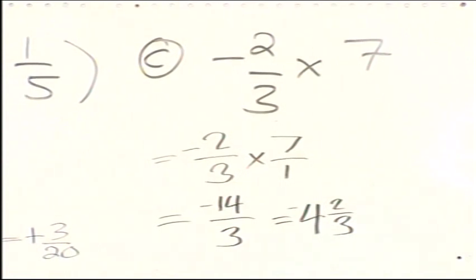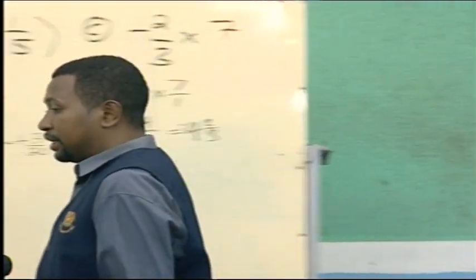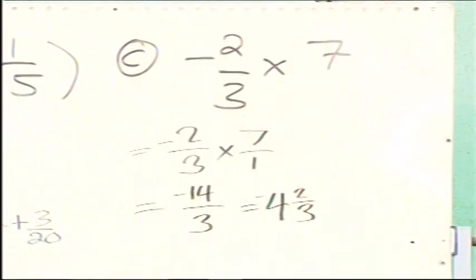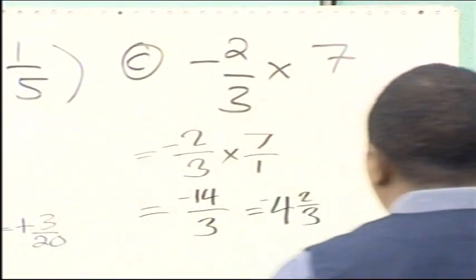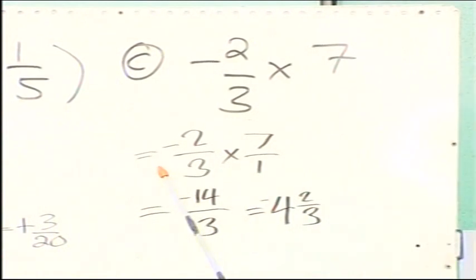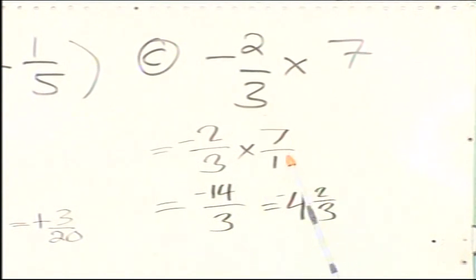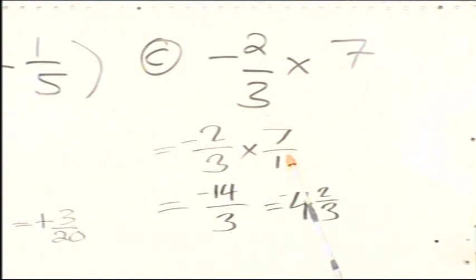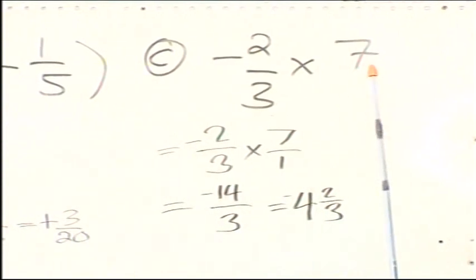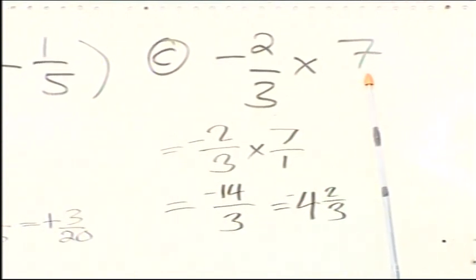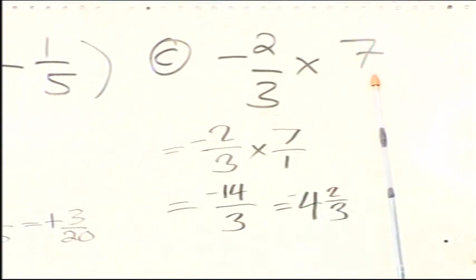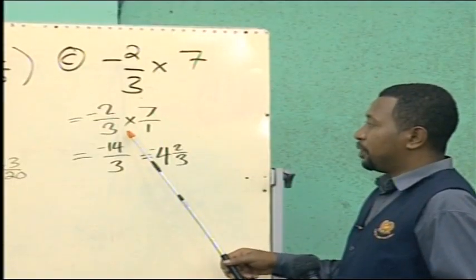Thank you very much. Okay, 7s and receiving students, just look at Emmanuel's working out. You will see that he has done something here. When you look at the second step he used, he said negative 2/3 times 7 over 1. Do you understand why he said 7 over 1? Because any whole number is always over 1, especially when you are trying to calculate fractions. So he's correct by doing that.